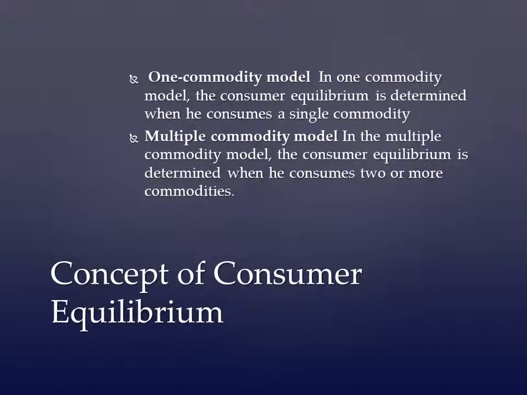According to Cardinal Approach, the concept of consumer equilibrium has two models. In the one commodity model, the consumer equilibrium is determined when he consumes a single commodity, while in the multiple commodity model, the consumer equilibrium is determined when he consumes two or more commodities.